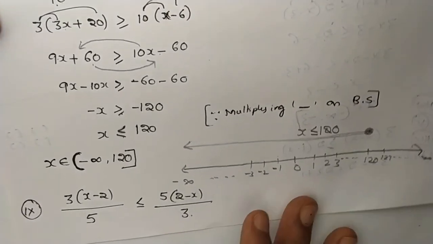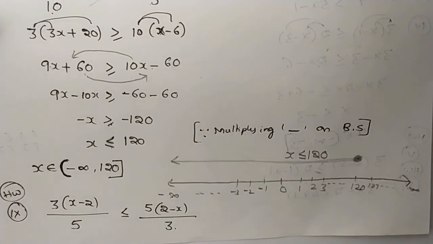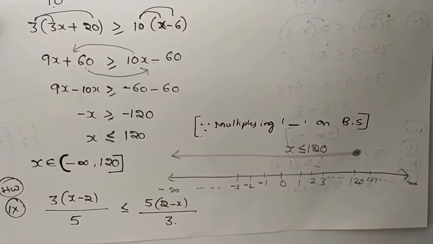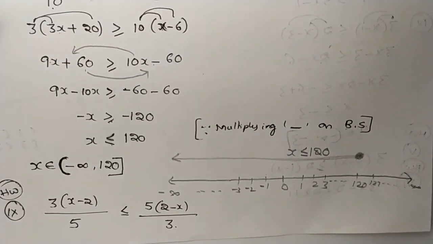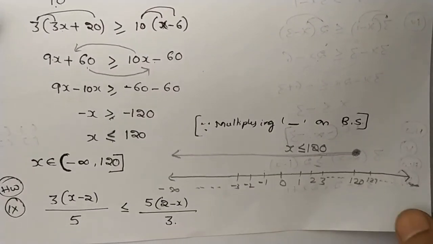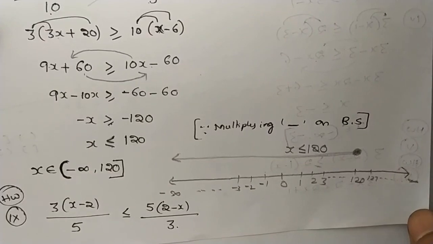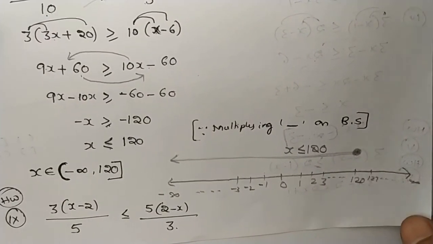It is the homework question for you. Write its solution set along with the representation of the solution set on a number line. The representation of a solution set on a number line as well as writing the solution set is important for 2 marks.